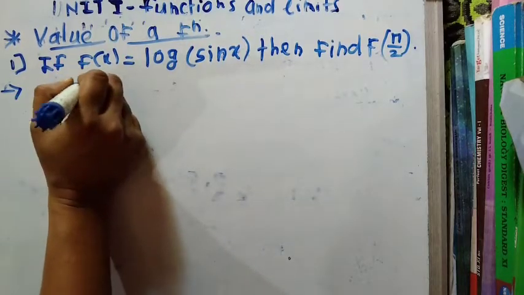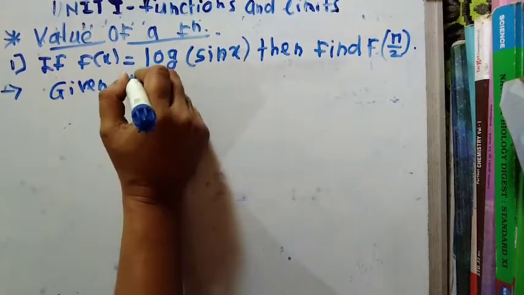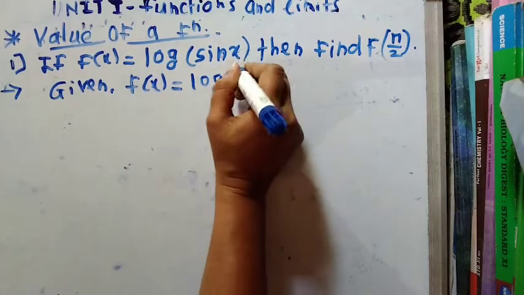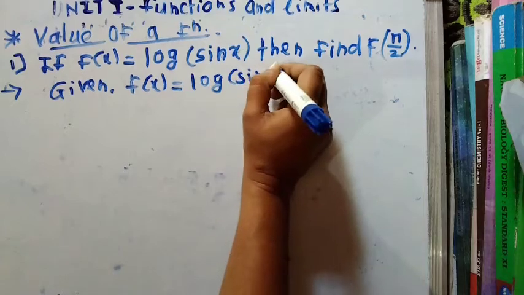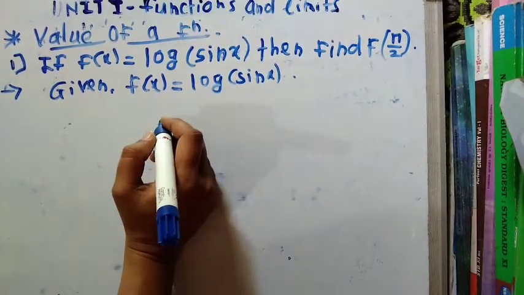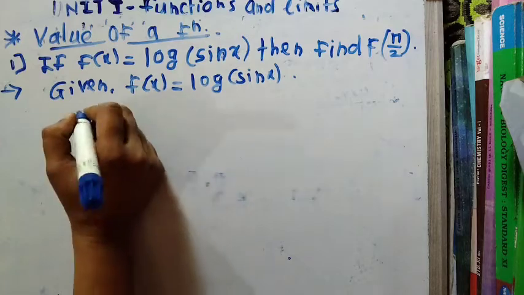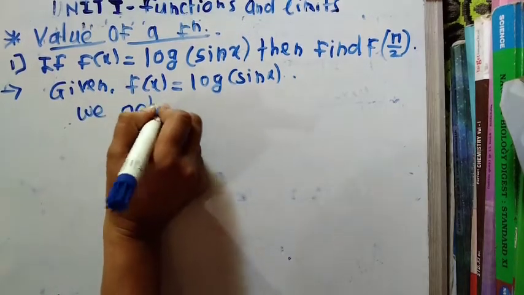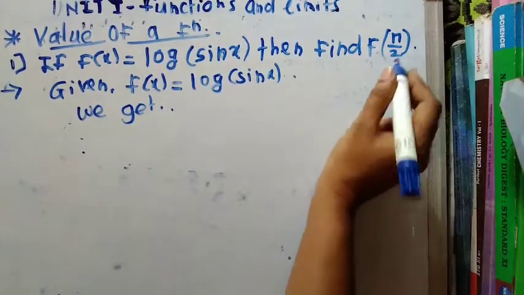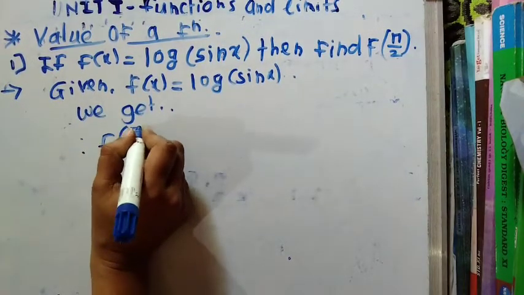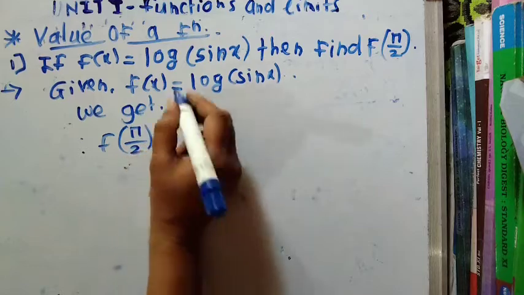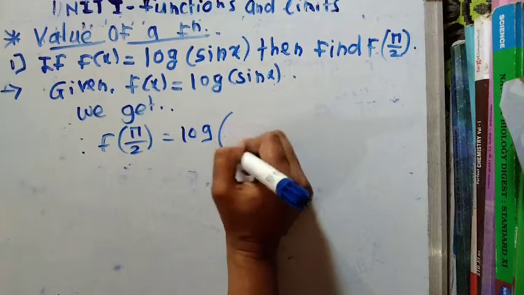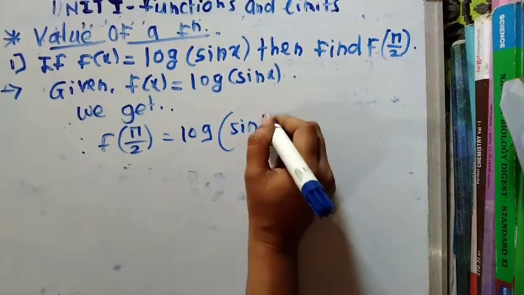First, given that f of x is equal to log sin of x, we have to find f of pi by 2. So here we put x as pi by 2: log sine pi by 2.